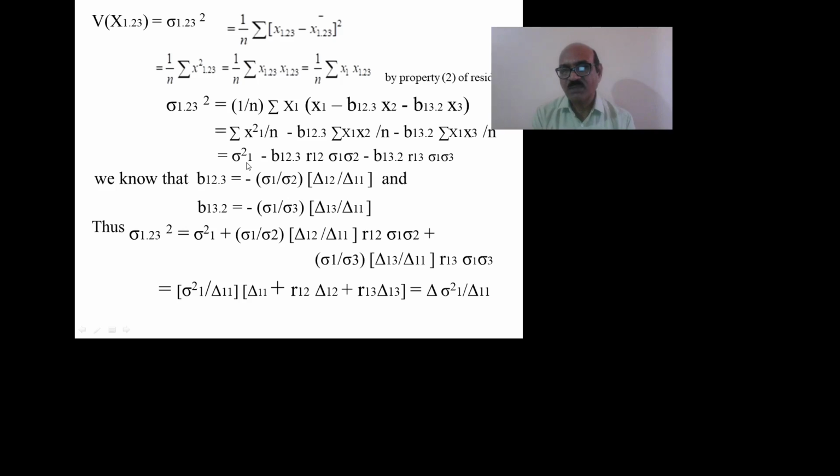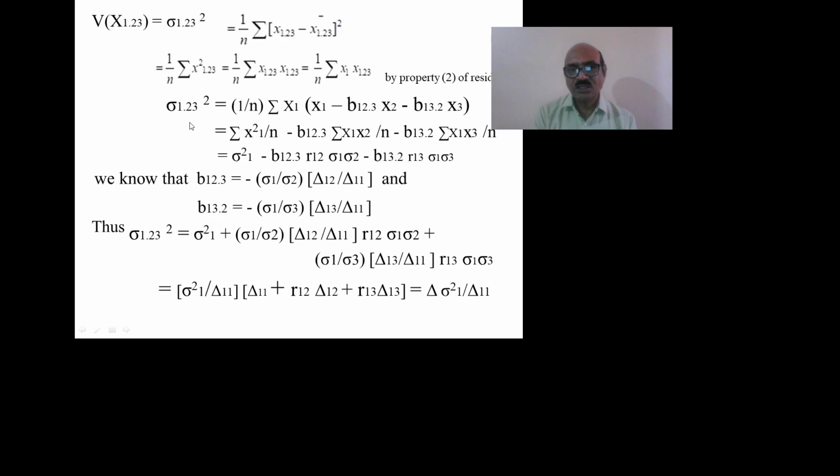That will give you sigma 1 square. For b12.3 times the next term, in the derivation we have already seen it is r12 into sigma 1 sigma 2. Similarly, for b13.2 it is r13 sigma 1 sigma 3. That is the expression here. And also we know the expression for b12.3 as we have proved, and b13.2 equals this one.